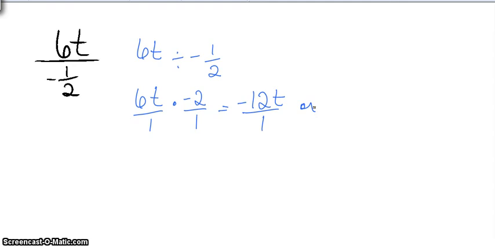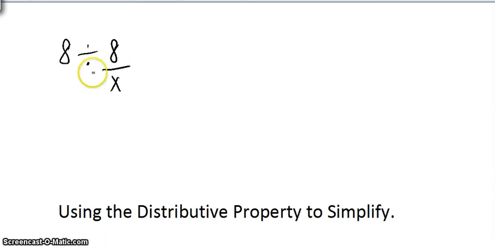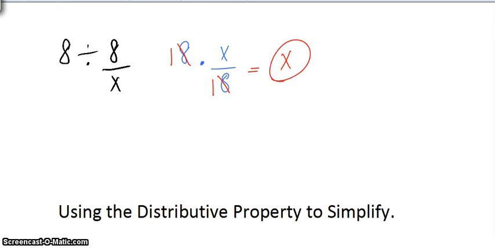So negative 12t over 1, or the more proper answer would be negative 12t. Next, 8 divided by 8 over x. So I have 8 times x over 8. If I'm paying attention, I can do some simplifying. 8 goes into 8 one time, 8 goes into 8 one time. My final solution is x.